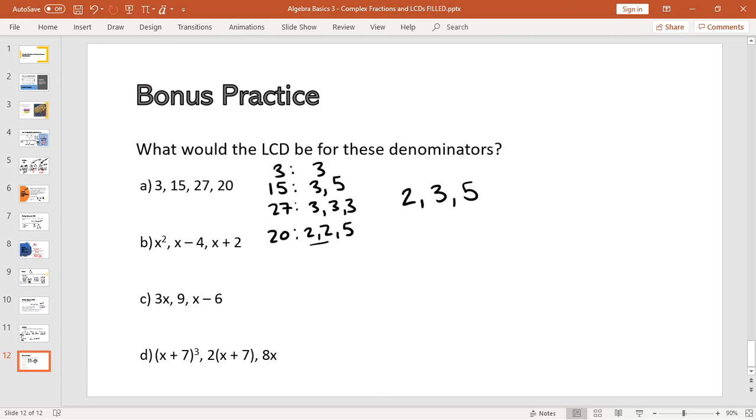I max out my 2s in 20. 27 has three 3s, and there's only ever one 5. Multiply those three things together. Can't do this off the top of my head, but I wrote it down somewhere. Where did I write it down? There it is, 540.